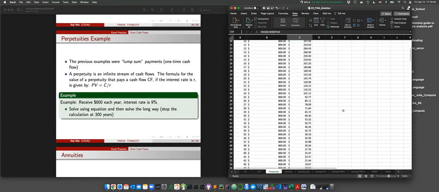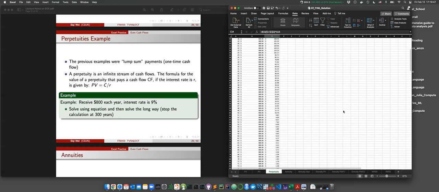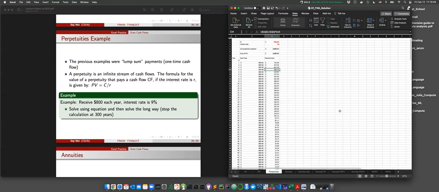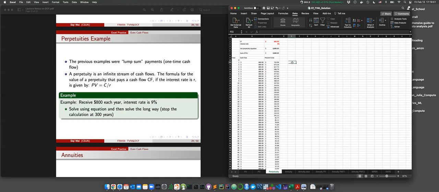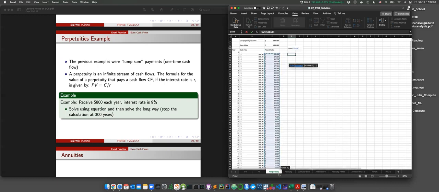Now, if you look at the first 100 terms of the present value, let me do a quick summation for you. Give me a second.